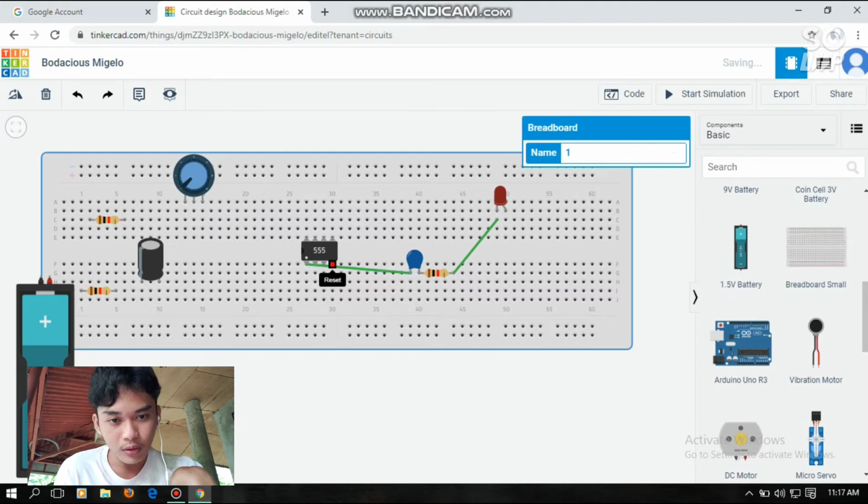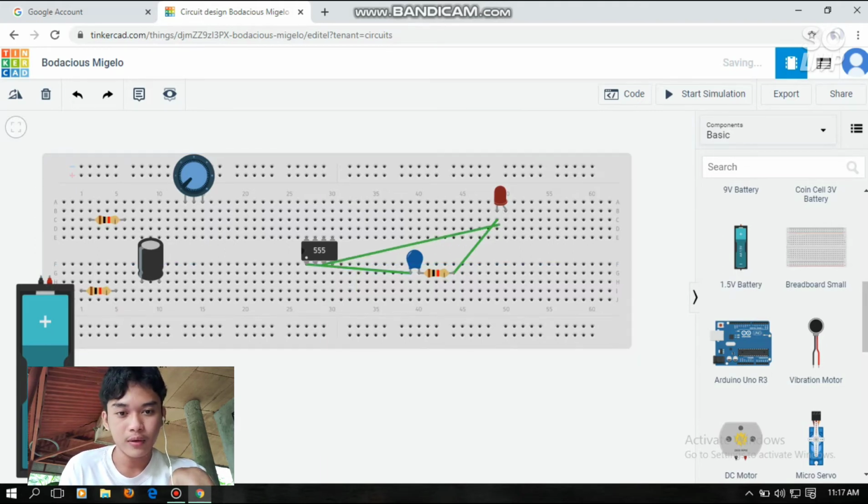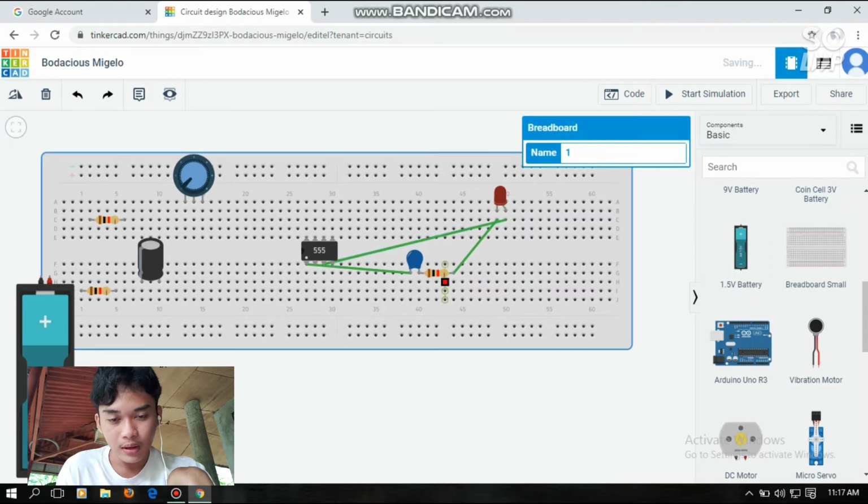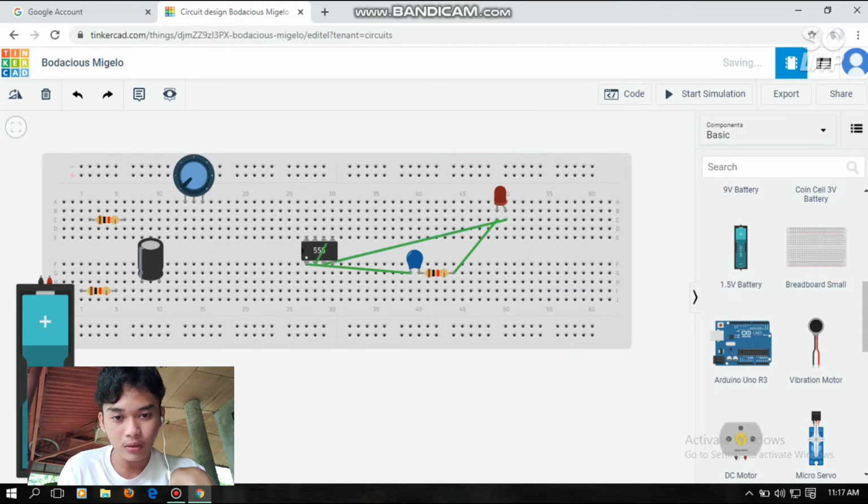Then the output connected to the anode of LED light. The trigger connected to threshold. Terminal 1 of capacitor connected to control voltage.